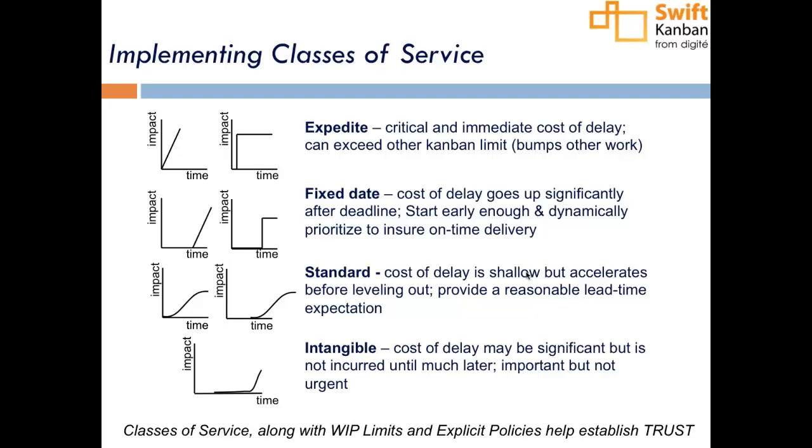Remember here that you have to look at the 80th or 90th percentile of cycle time and not the average, because missing a deadline 50% of the time is not considered a good practice. So you do that. There is an interesting case to be made for intangible.